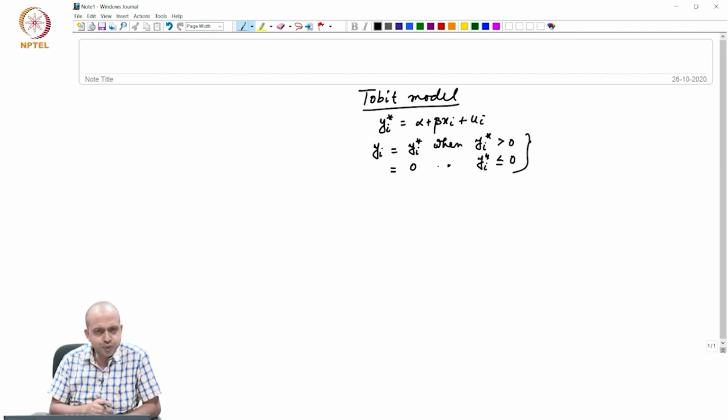The example we are going to discuss here is labor force participation once again by married women, and we will see what our objective is here.